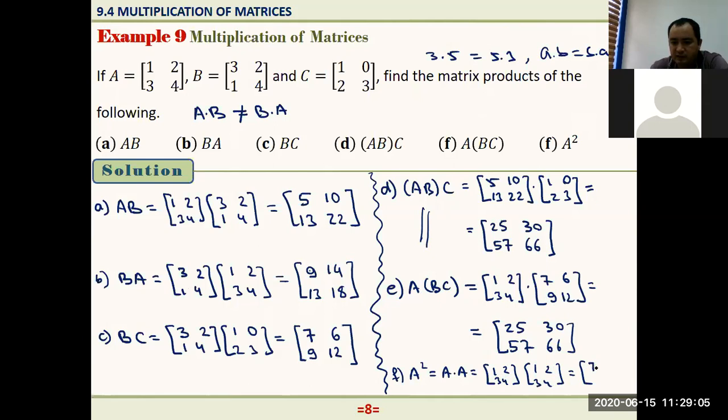Here we have 7. Here we have 1 times 2, 2, 2 times 4, 8. Here we have 10. 3 times 1, 3, 4 times 3, 12. This is 15. 3 times 2, 6. And here we have 16, 22. Okay, this is how we square a matrix.